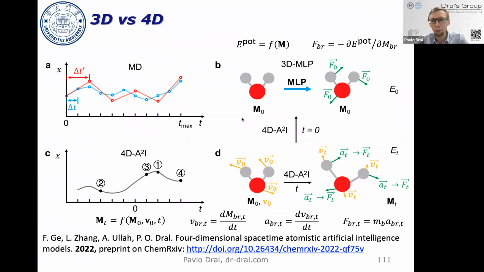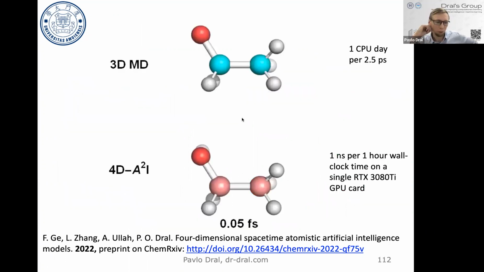I'm very optimistic that it is possible not just for simple molecules, but for more complicated molecules. We have some initial results, but scaling will be a big problem because here we have one more dimension, in time, right?